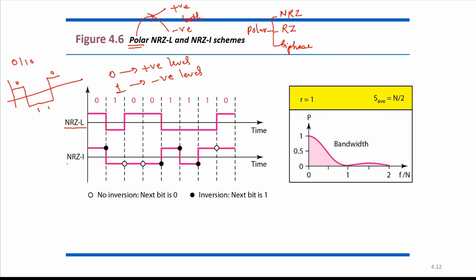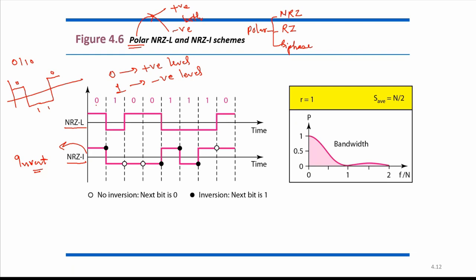Next is NRZ-I. So I stands for invert. What is the meaning of invert here? There will be a change or lack of change. It will be changing or not changing these levels based on the value of the bit.